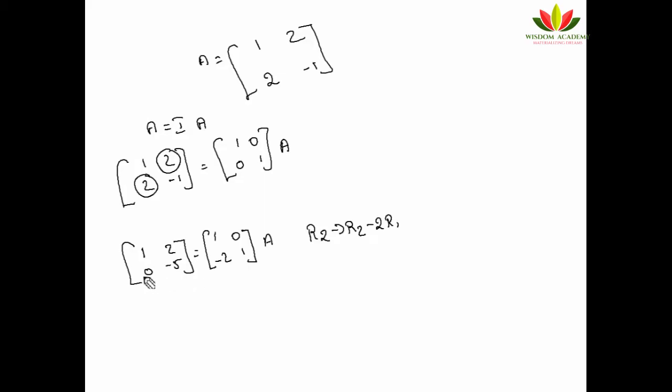Okay. So what I am going to do next is, this element has to be made into 1, right? So what I am going to do is R2 equal to minus 1 by 5 R2. So now this will evolve into 1 2 0 1, and the same operation here, R2 will be divided by 5.